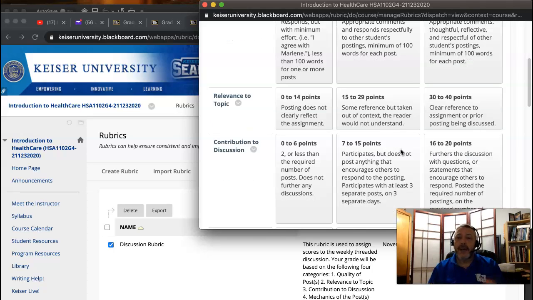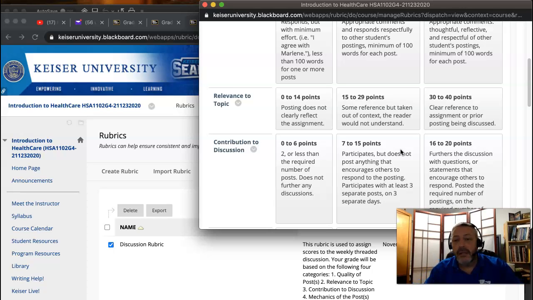The relevance to the topic. You want to make sure that you're thoroughly answering the question. Make sure you read and understand the question. That's where these coursework reviews tend to help out, because I'm going to go into detail about what you need to answer to get the points you need.